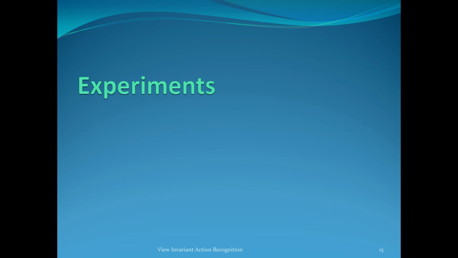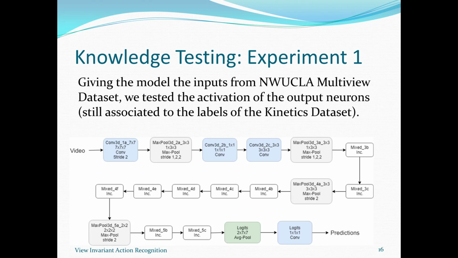Coming to experiments. Now, we have this very large model, but how do we glean information from it? How to set this up was something that had to be decided. How do you get information out of it? The first experiment we ran was very simple.